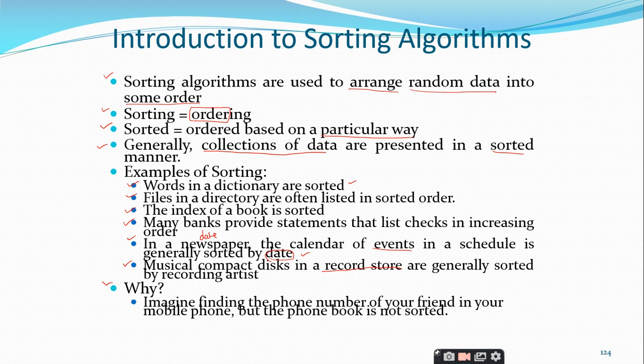Whereas if the contact list maintained by the mobile phone is not in sorted order, then finding a contact of your friend takes a very large time. So that is the benefit you get from sorting. This is the reason why we generally prefer a long list of elements to be present in sorted order.